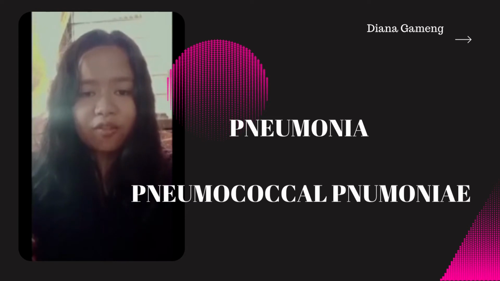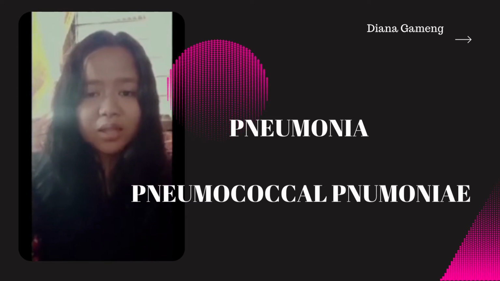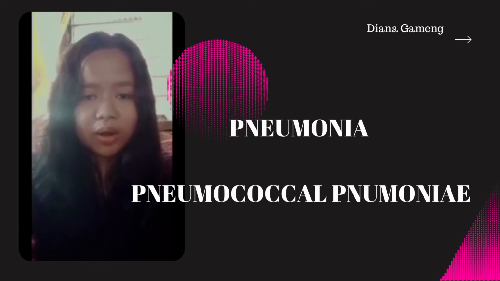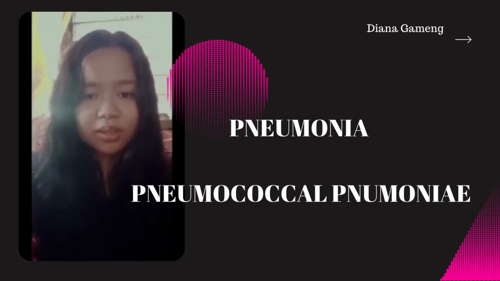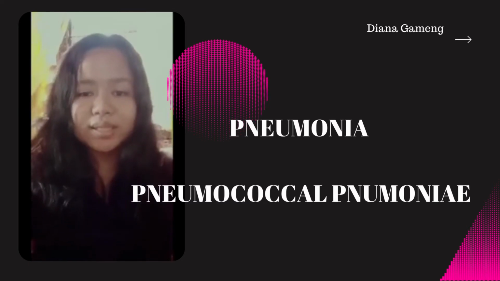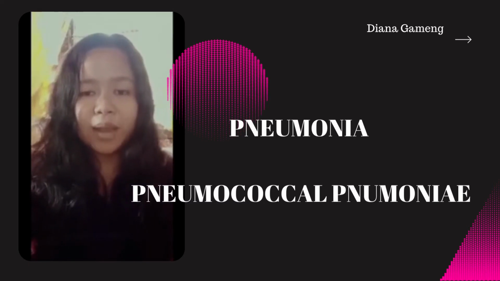Nosocomial pneumonia is often caused by E. coli, S. aureus, and P. aeruginosa. The most common causes of viral pneumonia are RSV, parainfluenza, influenza virus, adenovirus, measles virus, and varicella zoster virus. Diagnosis: Gram stain and culture of blood or sputum.